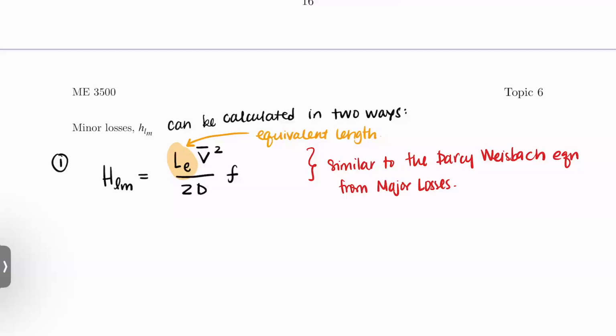What the equivalent length means is that for any minor loss, so the losses associated with going through a fitting, for example, the equivalent length is the amount of straight piping you would need to have the same amount of loss as going through that fitting. So this is the length of straight pipe to yield the same loss as the fitting.